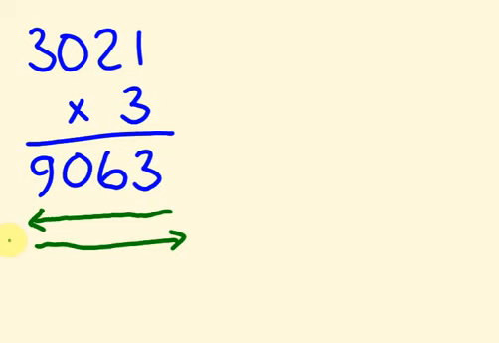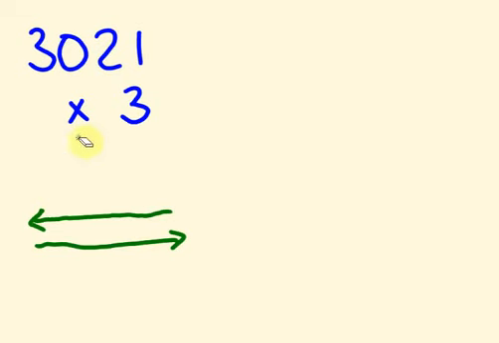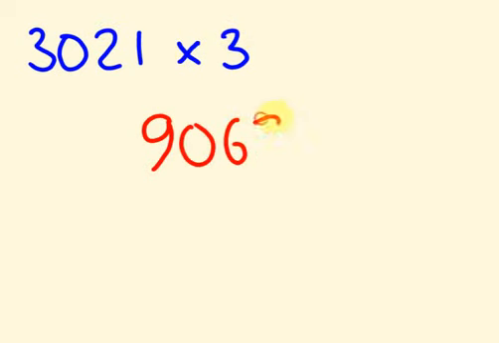Okay, so the way that I would do this is a little bit different, and this is what I mean with how we have to change the way that we work. We times this by 3, but instead what we would do is we would go 3 times 3 is 9, 0, 3 times 2 is 6, 3. Okay?